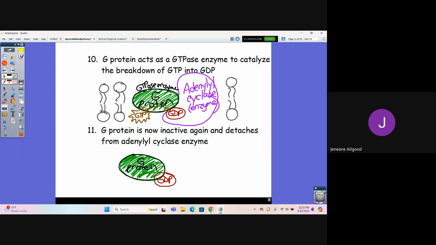And essentially, that adenylyl cyclase was kind of like using the G protein. Because when the G protein was active, then adenylyl cyclase was active because they were bonded together. And so now the G protein is no longer active, so it leaves and detaches from adenylyl cyclase.